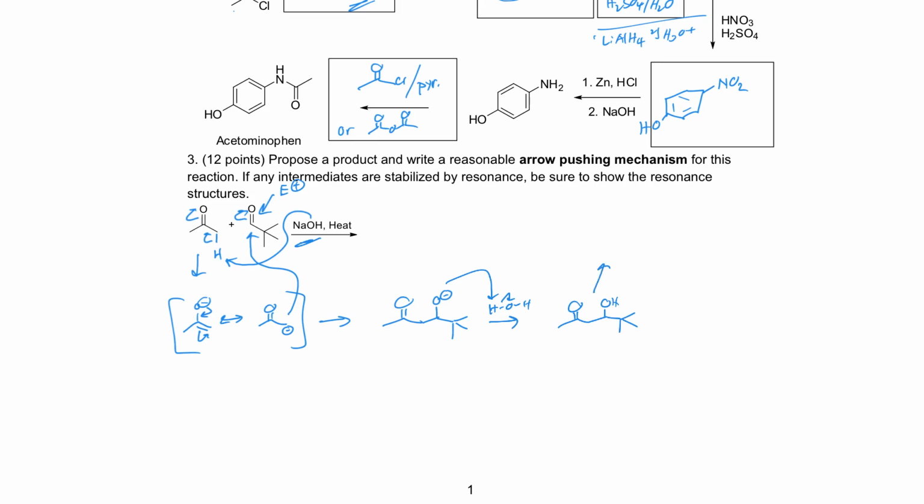And I'm going to deprotonate first on this alpha hydrogen. Here's where a lot of students lost a few points. As you see in the textbook, we need to first stop at this resonance stabilized anion before we kick off the OH. And I need to show that this anion is resonance stabilized.